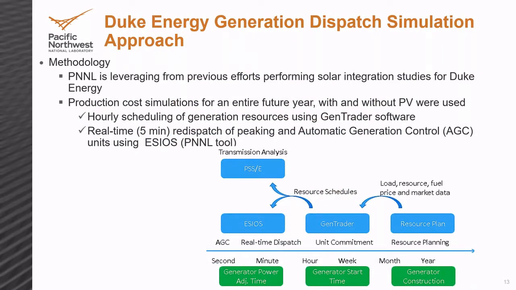So let me explain the next few slides. I'm going to explain how we, in year 2 of this project, were able to test this approach on a full Duke Energy system. So we were able to leverage some of the previous work we did for Duke Energy. Typically you say, okay, here's the future year, like say year 2025, and I want to see how my system will look with 25% of distributed PV penetration, and what's the impact on the system.